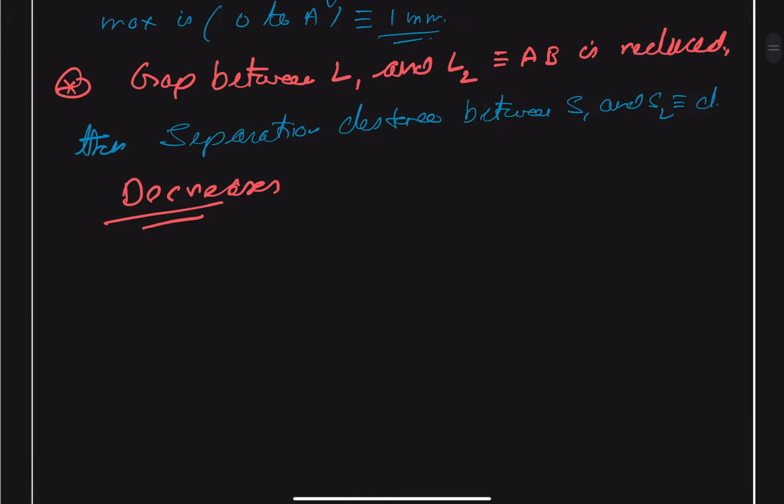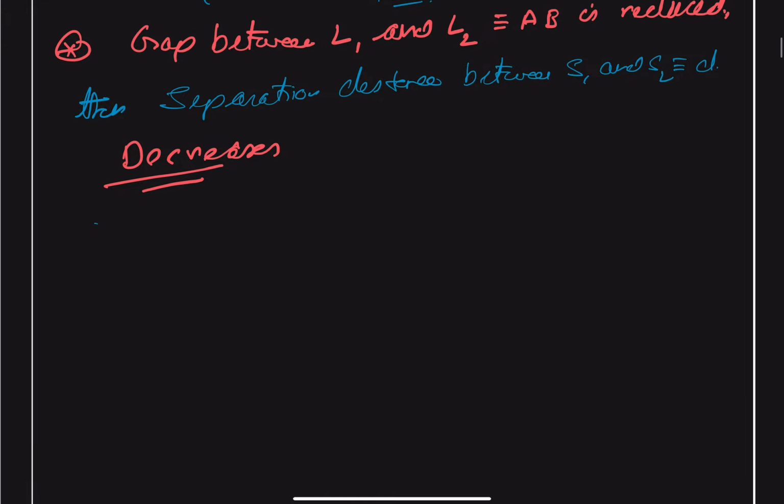So based on this, decreasing d means that the fringe width, represented as W, increases.